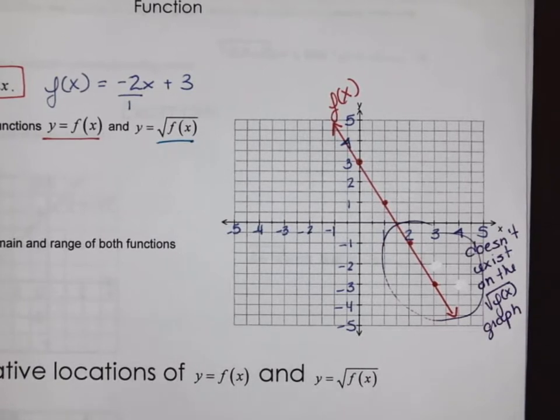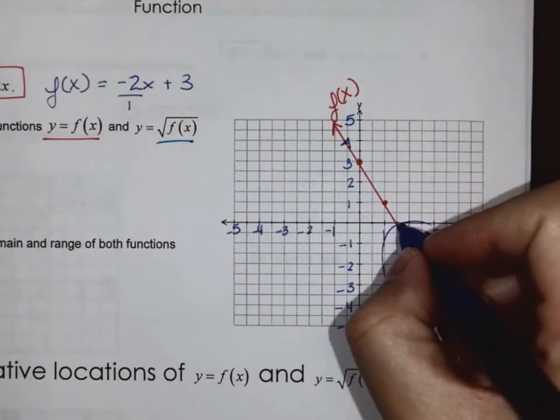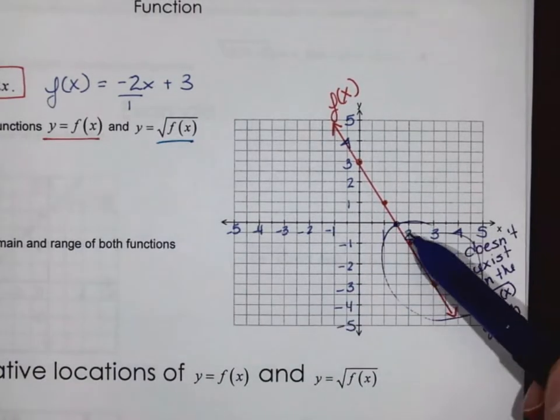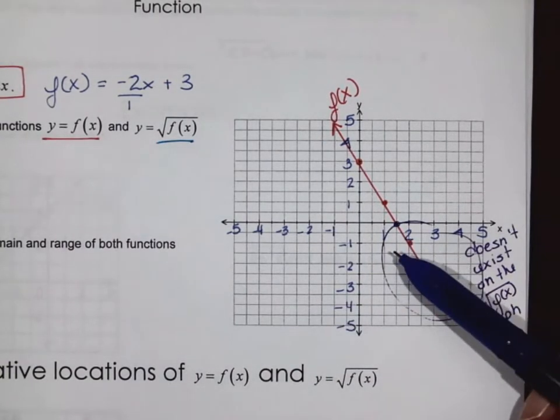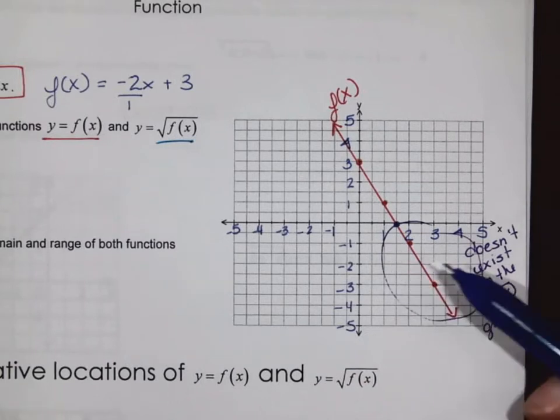1.5. So what I'm looking for here, and what is that on the graph? That's the x-intercept, right?